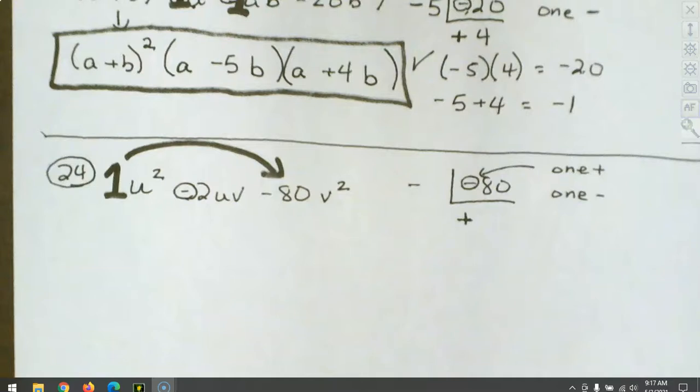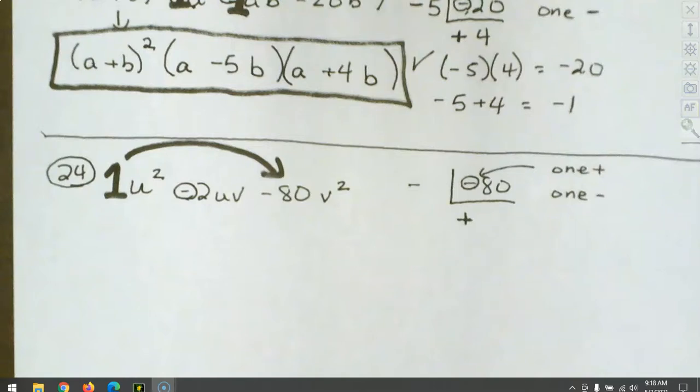Two numbers multiply together to give you 80, subtract together to give you 2. Yep, 8 and 10, right? Now, why would I start with 10? Well, I would start with 10 because what does that 80 end in? A 0. If it ends in a 0, it has to either have a 10 or a 5 in it.